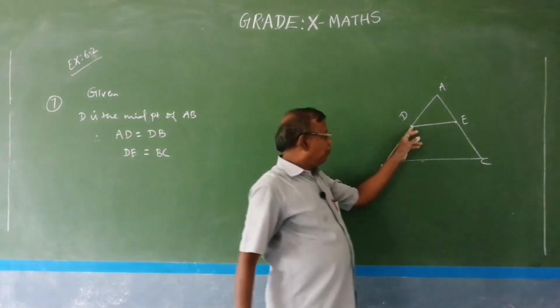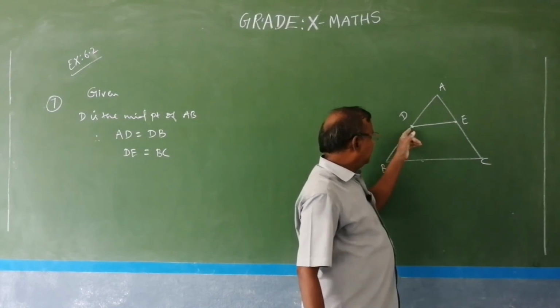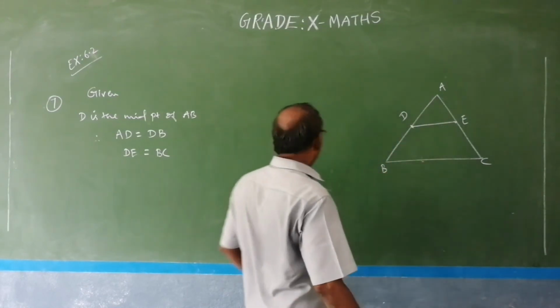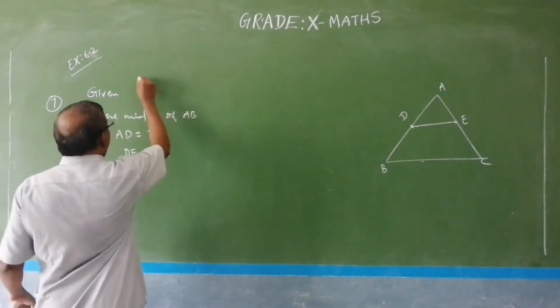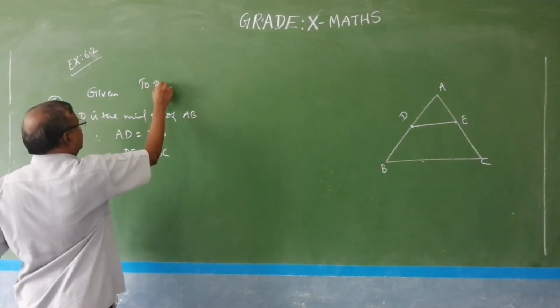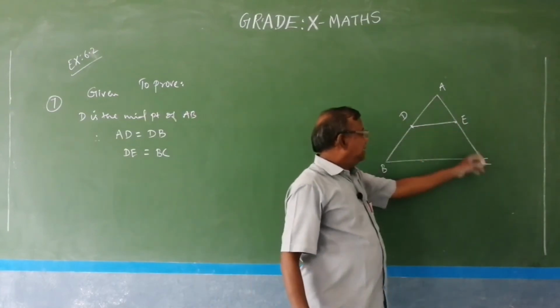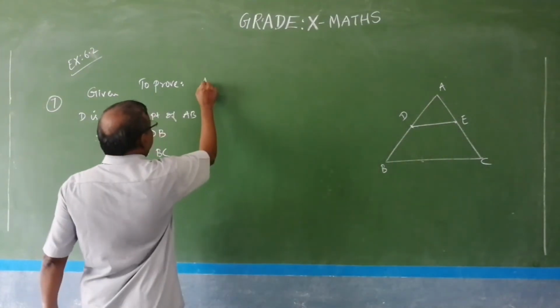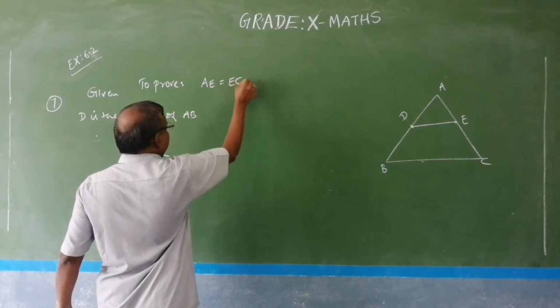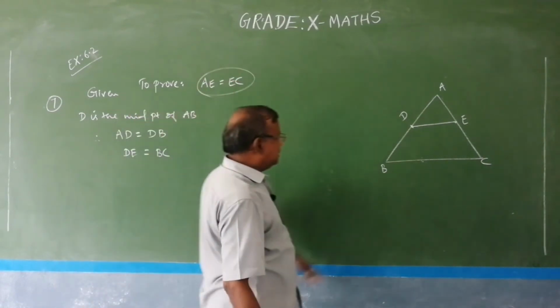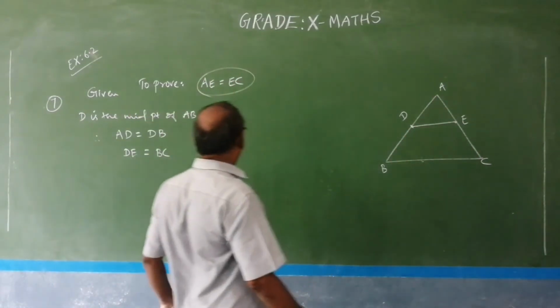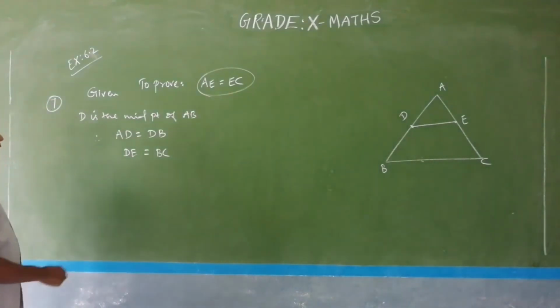So, from the midpoint we have drawn a line parallel to the third side. So, to prove: the point E bisects AC, that means AE equals EC. So, we have to prove E is the midpoint of AC, or AE equals EC.